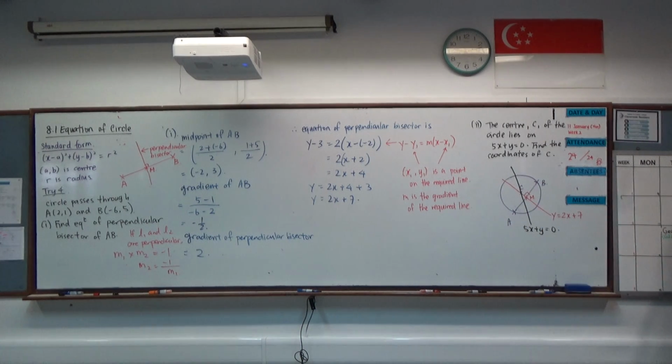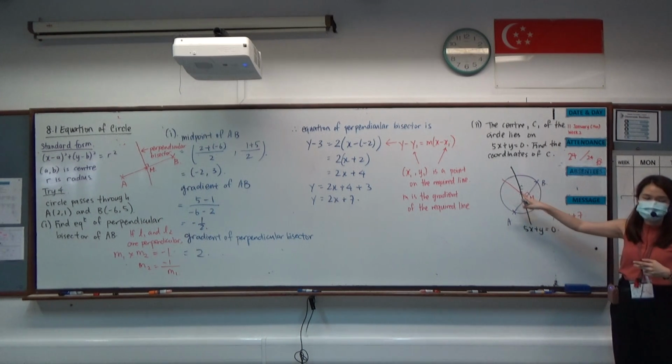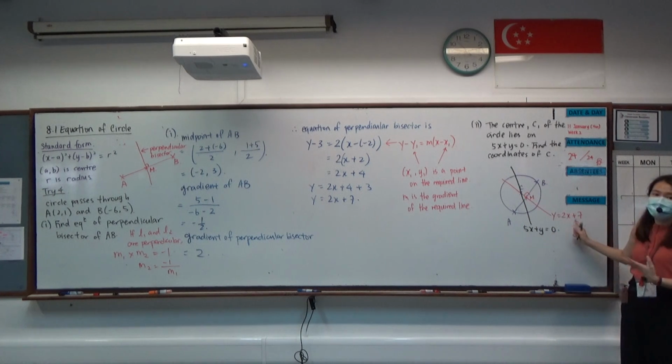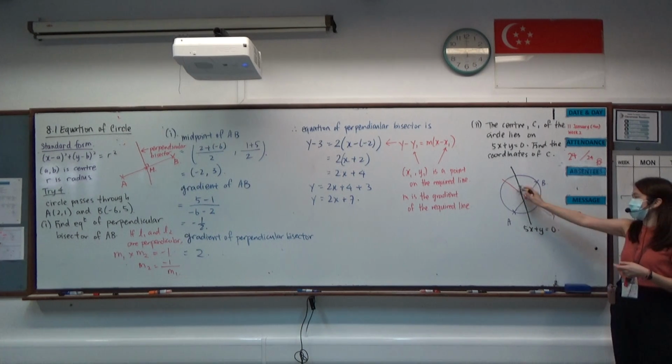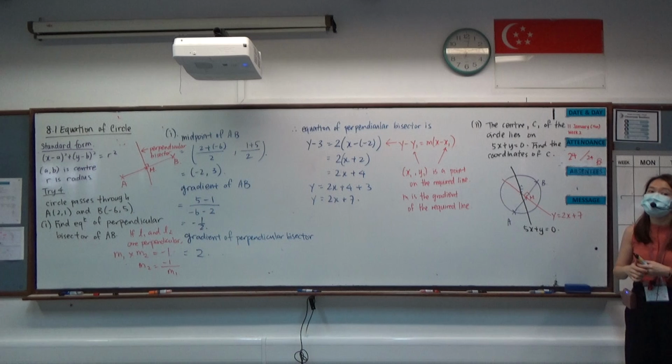Okay? I want you to notice that when I place the point C, the center, I actually placed it on the perpendicular bisector. Are you actually very confident that the center C is on the perpendicular bisector or not?